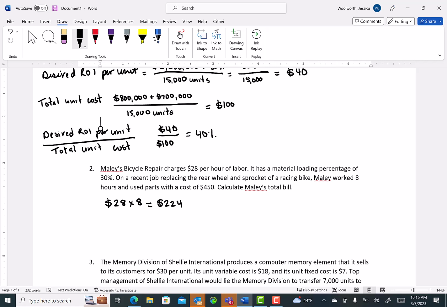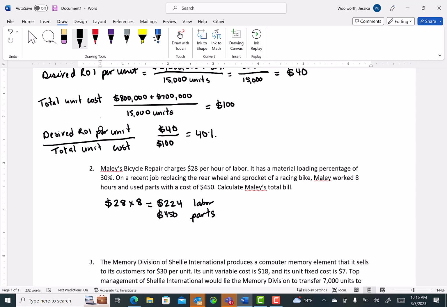Now, we used parts that cost us $450, so here's our labor, and then here's our parts. And now we have to do the material loading percentage. This is covering some of that manufacturing overhead costs, or just the overhead that we need to look at, the shop that we're in and whatnot.